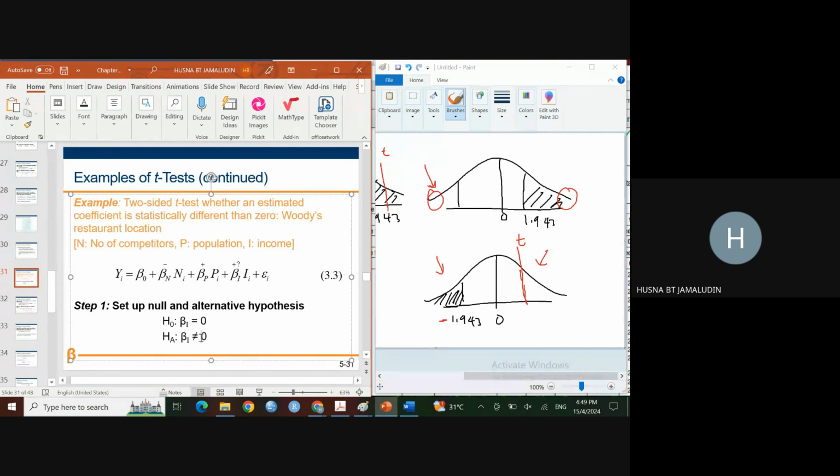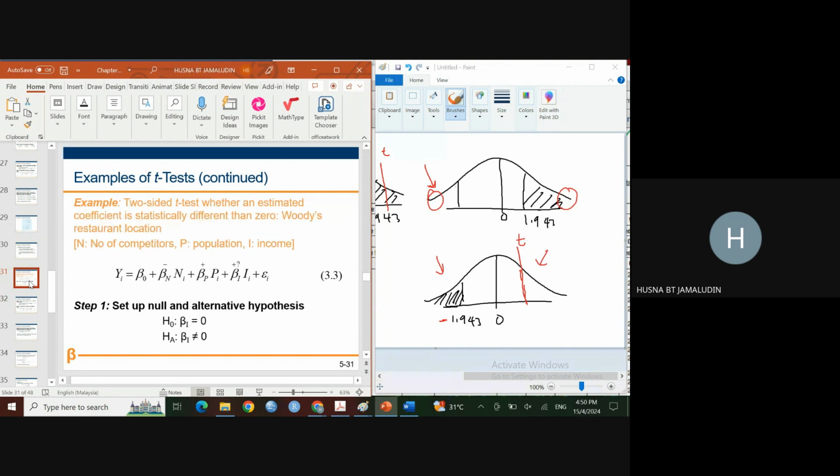We test beta I not equal to 0 versus equal to 0, because you are not sure whether it is bigger or smaller.